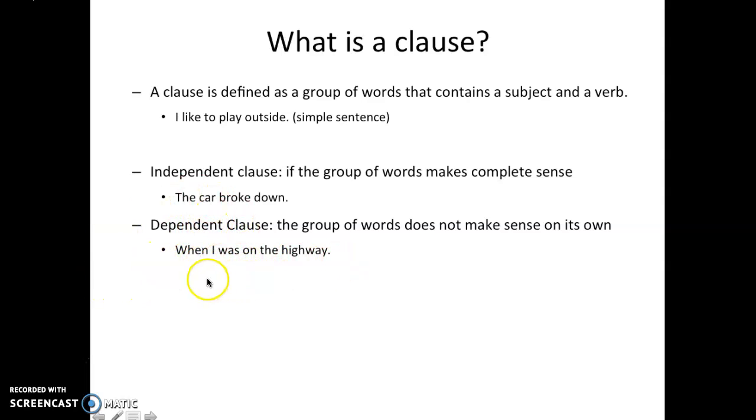Cette action-là est non terminée, it's incomplete. Okay, so if you write this, it's a mistake. So what is it that you do? You could do this. The car broke down when I was on the highway. Perfect. Dependent clause depends on the other one. Okay, celle-là dépend de l'autre. All right. You also have Santa Claus, but this is something else.